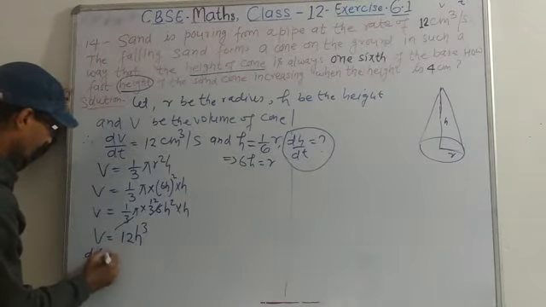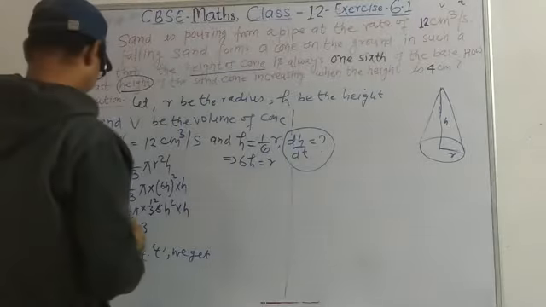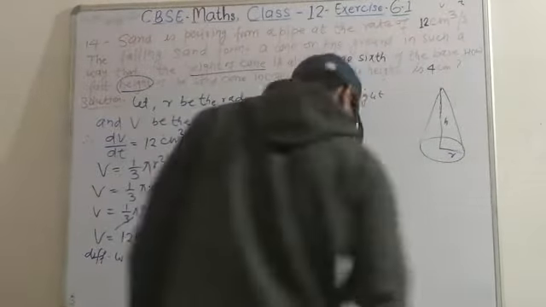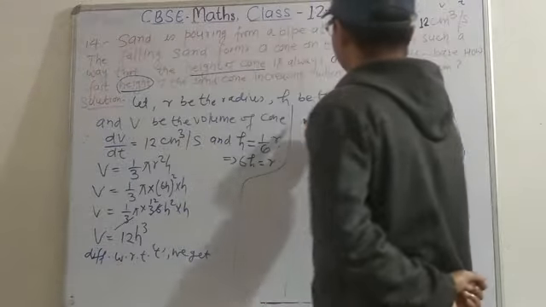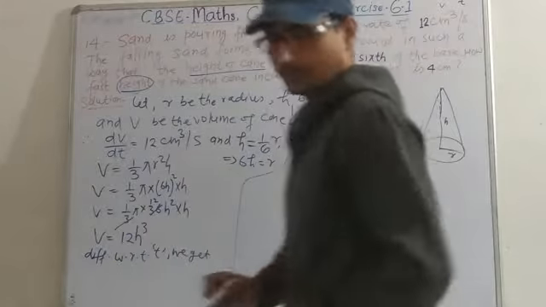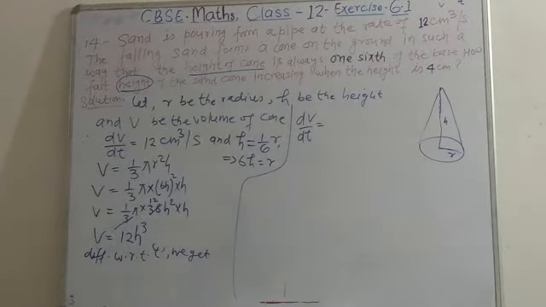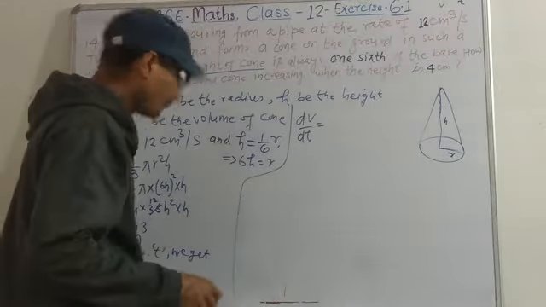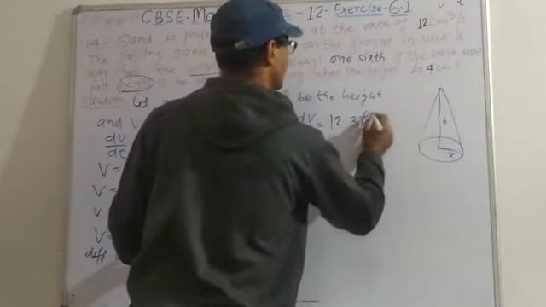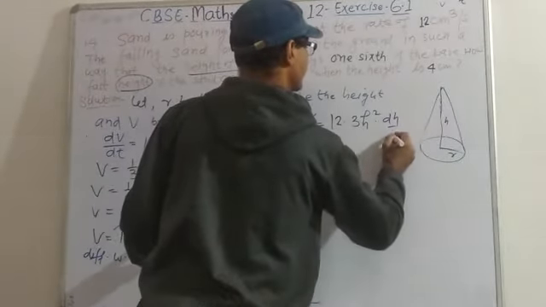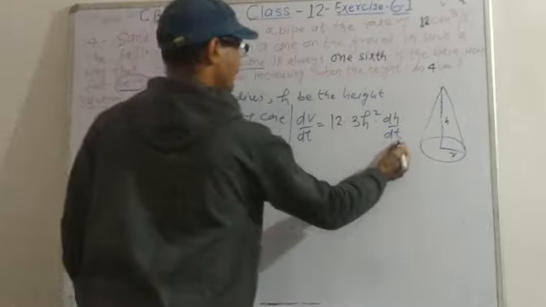So now, differentiating both sides with respect to time, we get dV by dt equal to 12π h³ differentiated. 12π is constant, and h³ differentiates to 3h² into dh by dt with respect to t.